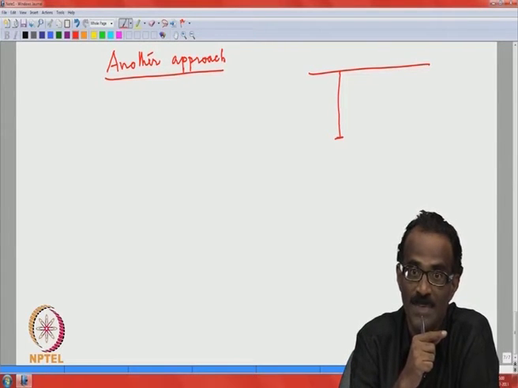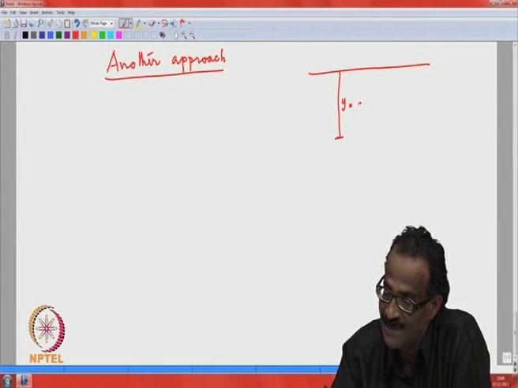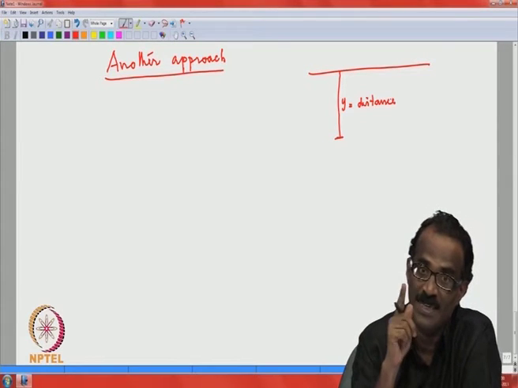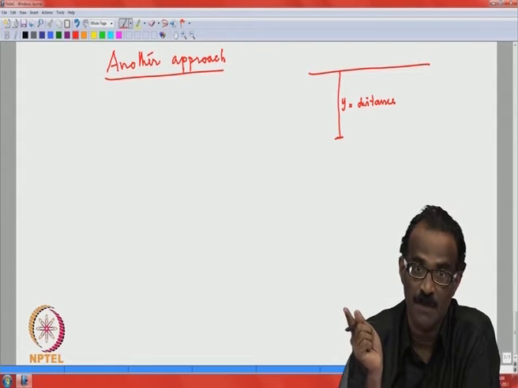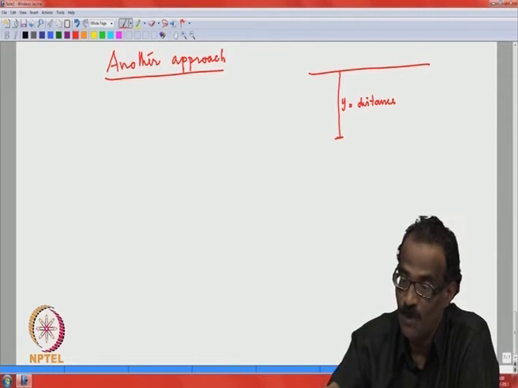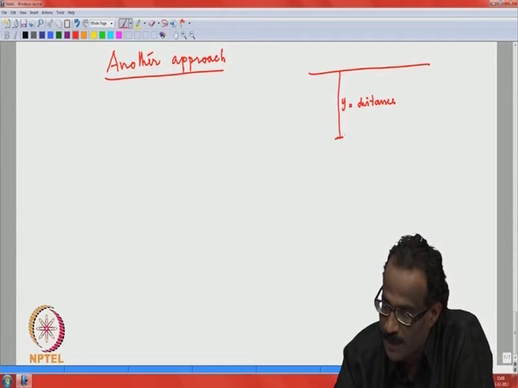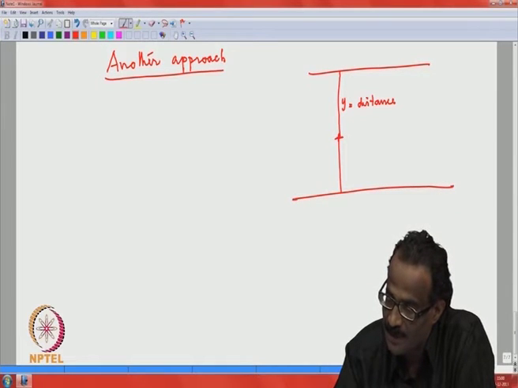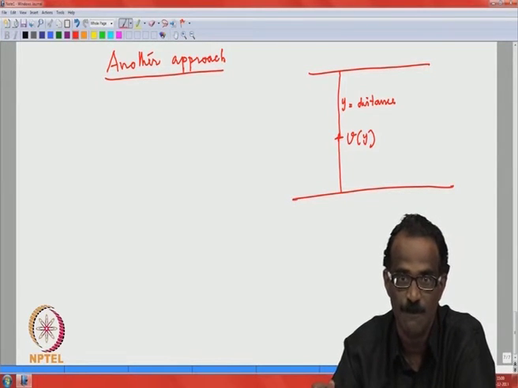Now, we are viewing the distance y, which earlier you viewed as a function of time, as an independent variable, and then you calculate the velocity. So, you are calculating the velocity v of y, the velocity at distance y. The time is not coming into the picture in this formulation now.